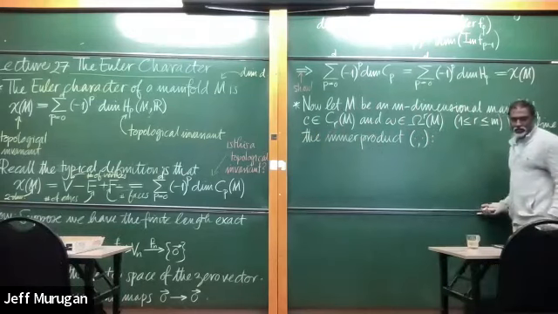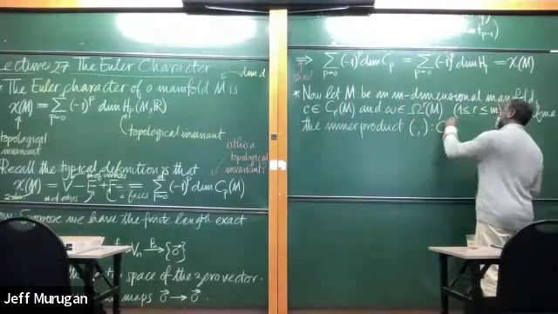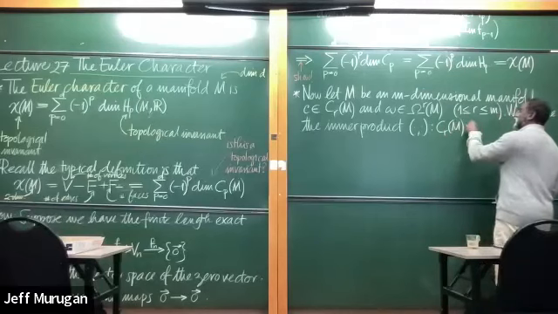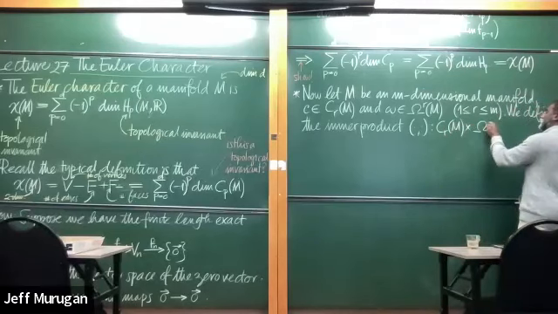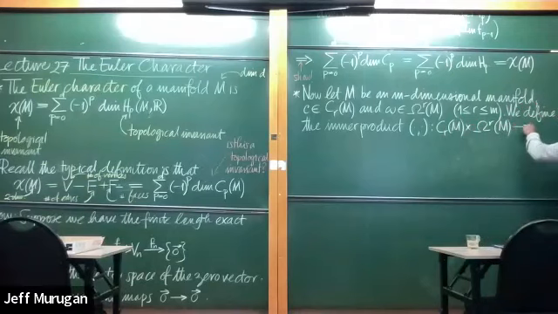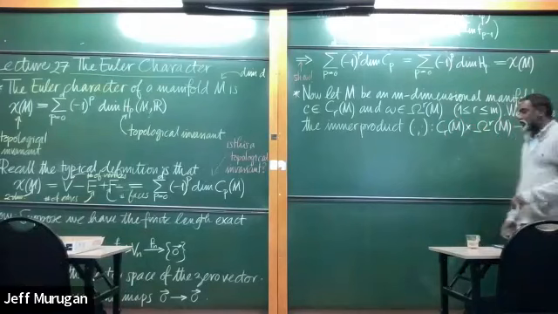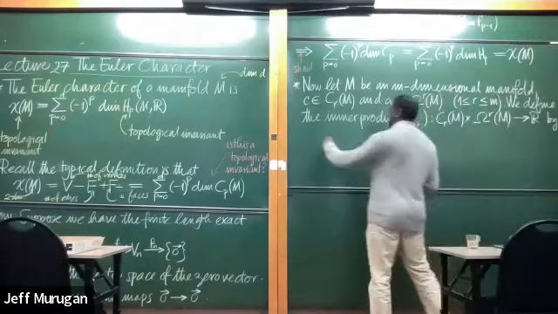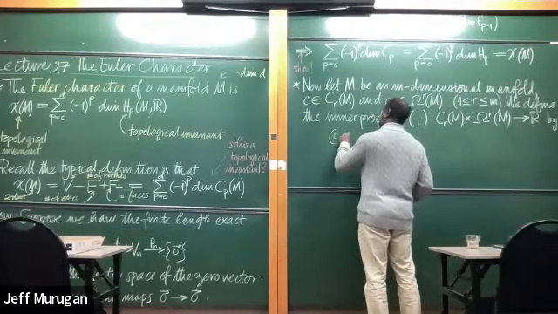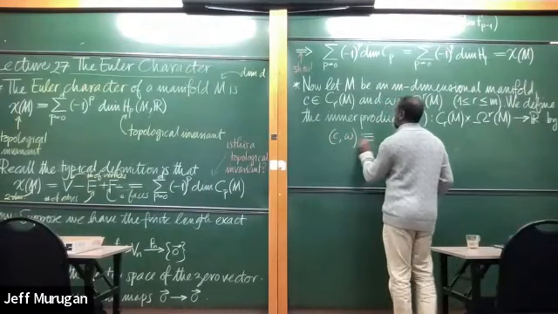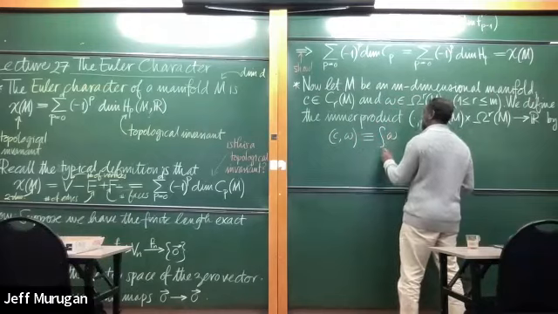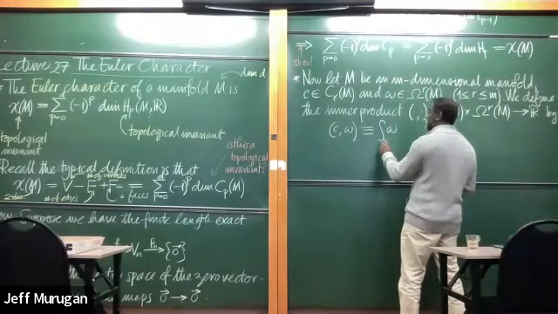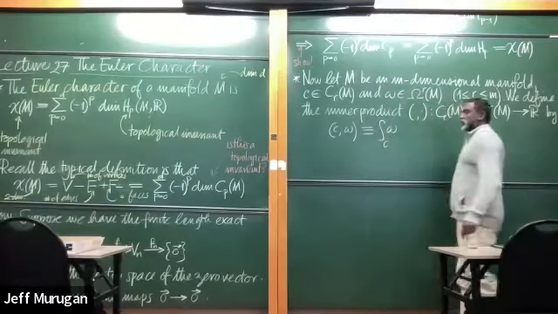We'll define the product that takes C_R of M plus omega_R of M to the reals by C inner product omega just being the integral of this R form over the R chain C.